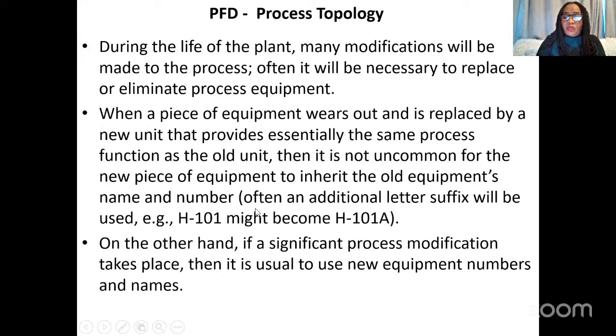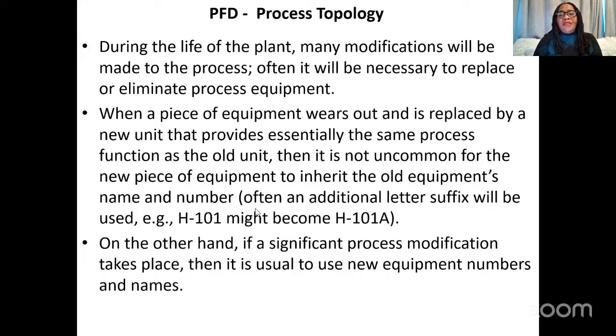Okay, so now we're still on process topology, talking of the relationship between the flow and equipment. So during the life of the plant, many modifications will be made to the process. Often it will be necessary to replace or eliminate process equipment. Like I told you, there is room for modifications to solve problems and to make improvements.